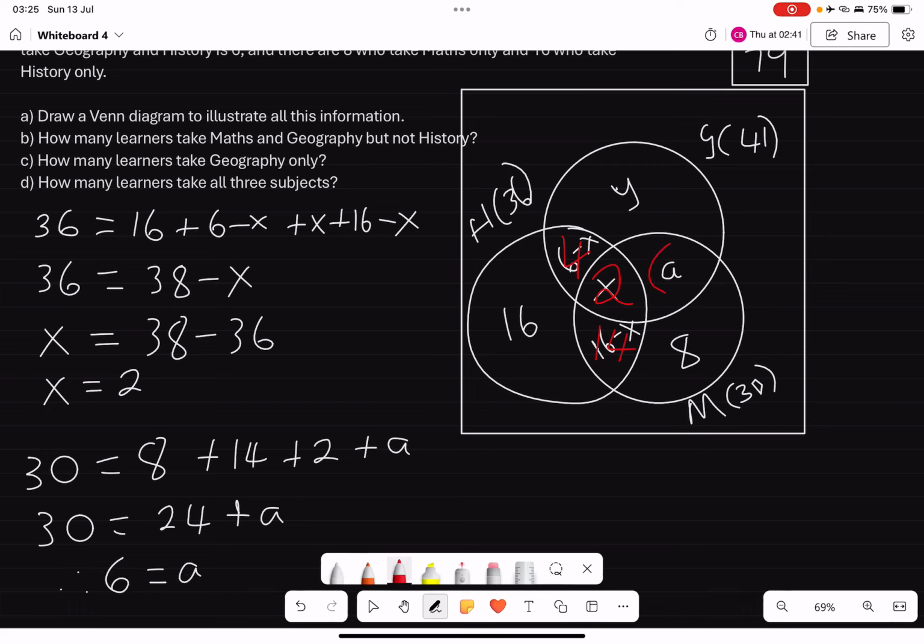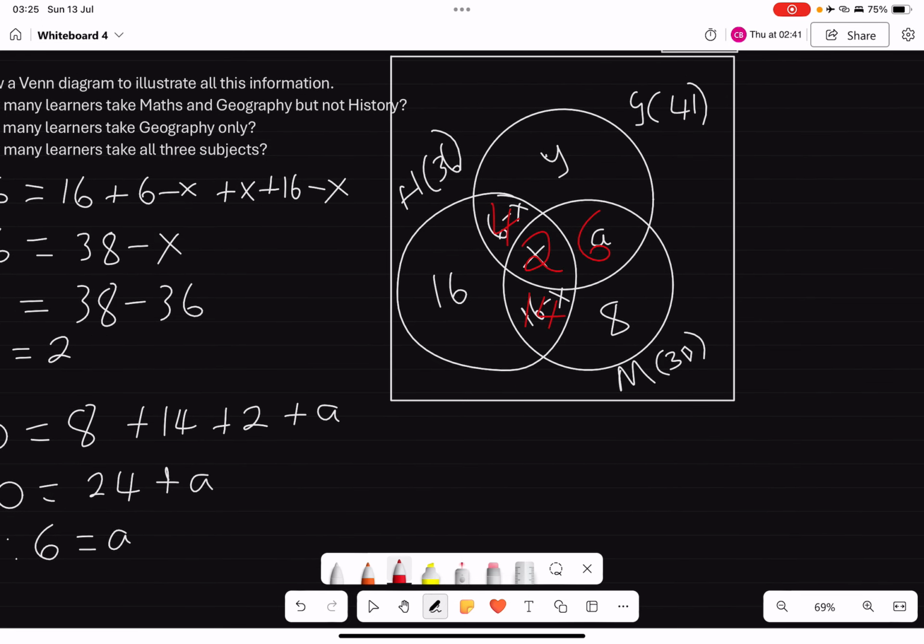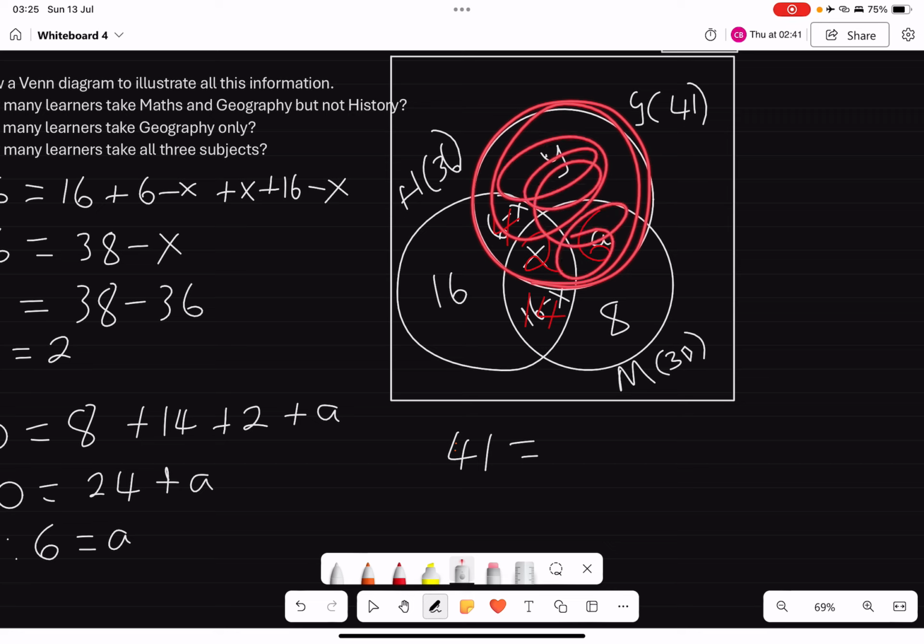So A is 6. Now to get Y, it's going to be 41, which is the total for this circle, so everything there must add up to 41.